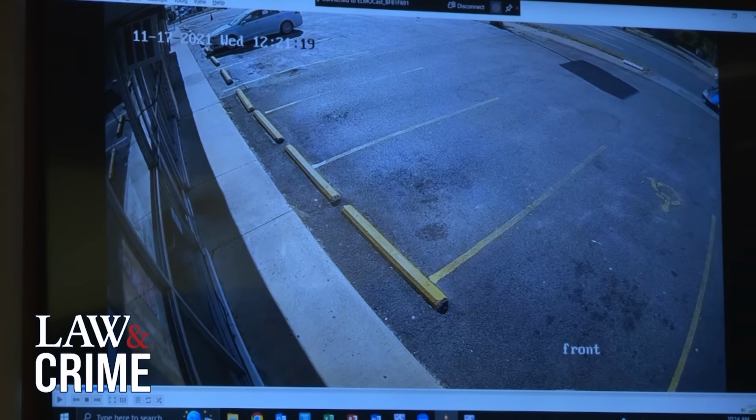What we're looking at here is one of those Memphis businesses, a family business. This is the storefront of Makita's Cookies. This is the front of the store. This is its parking lot in front of it. Makita's Cookies.